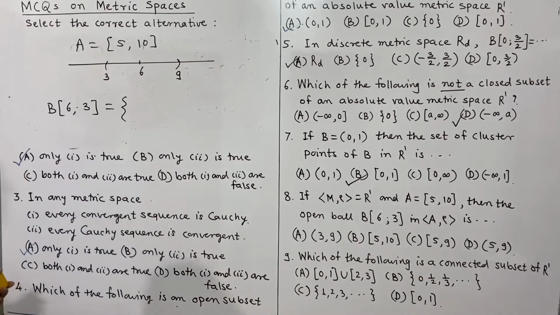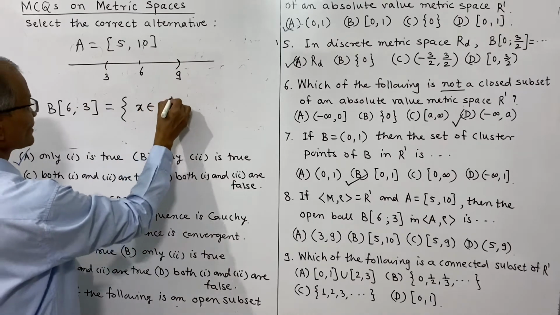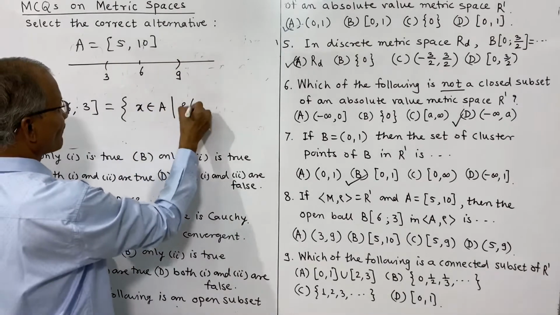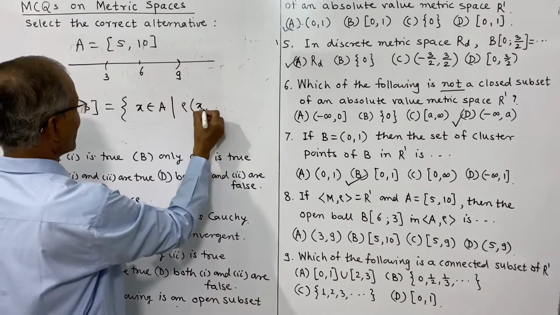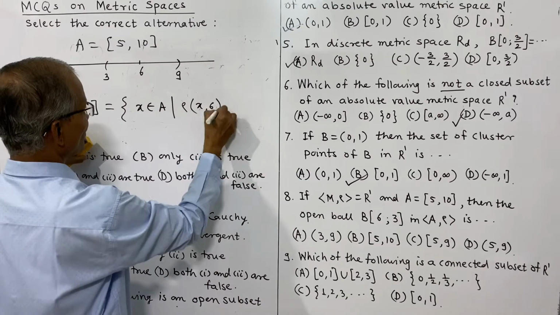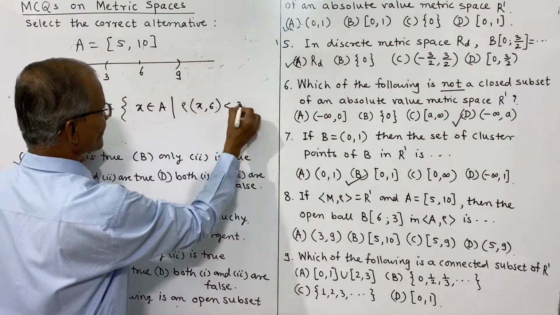So those points x, where x belongs to A, such that rho of x and 6 is less than 3.